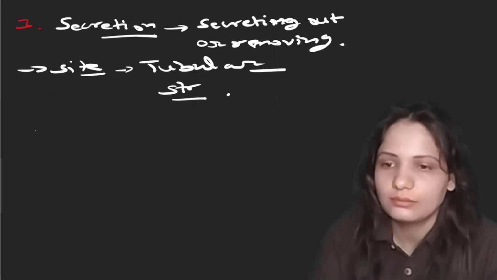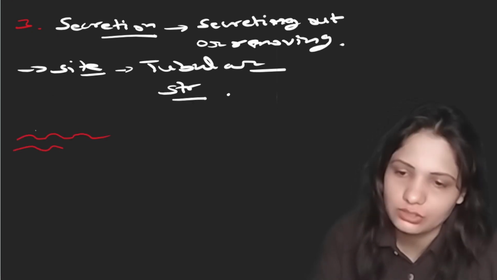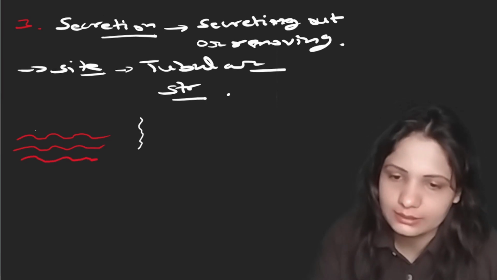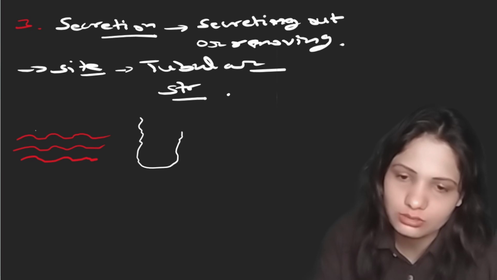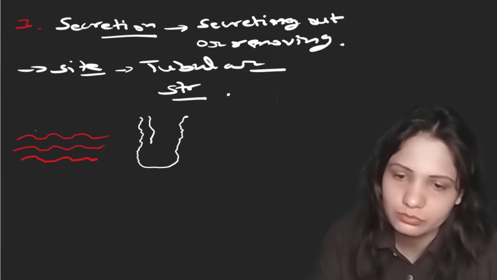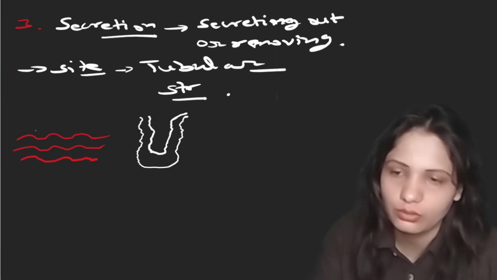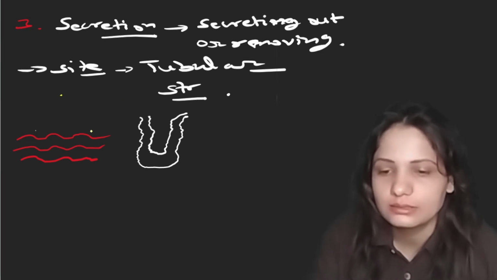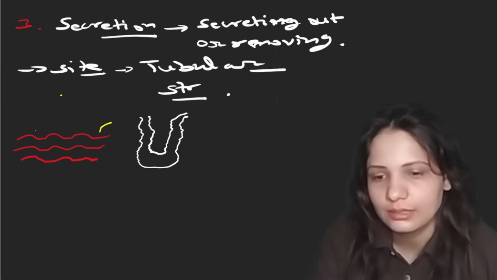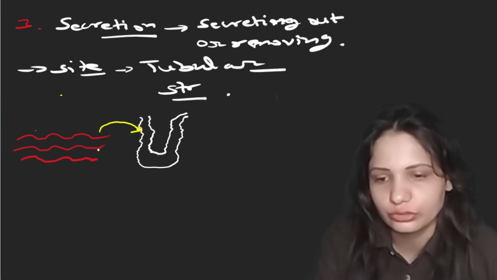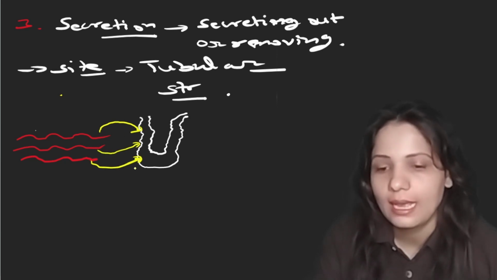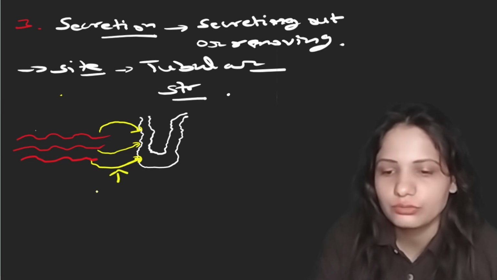Let's say we have blood, and these are PCT and DCT, our tubular structure of nephron. Now from this blood, certain molecules are secreted into this tubular structure like this, and these molecules are waste.